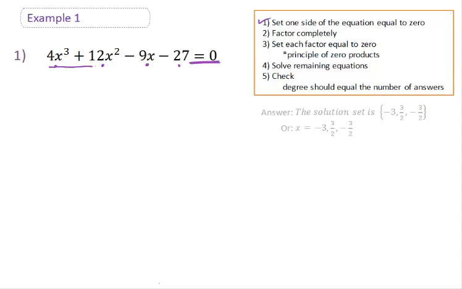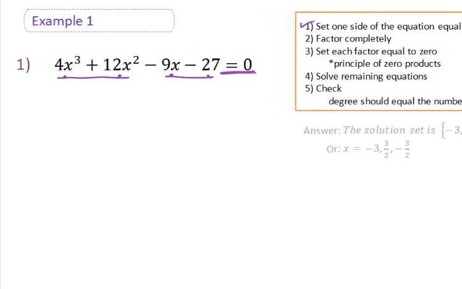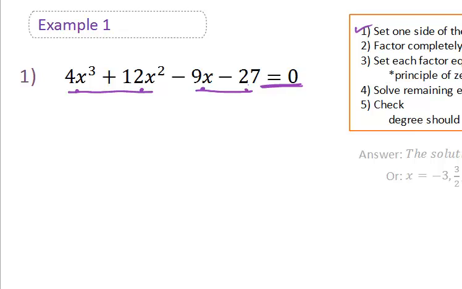So we group the first 2 parentheses and we group the last 2 parentheses. Then we look for common factors involved in those 2 parentheses. In the first 2, we have a common factor of 4 and x squared. So if we take that out, we're left with a positive x plus a 3. Remember, whatever your sign is here is going to carry down there.